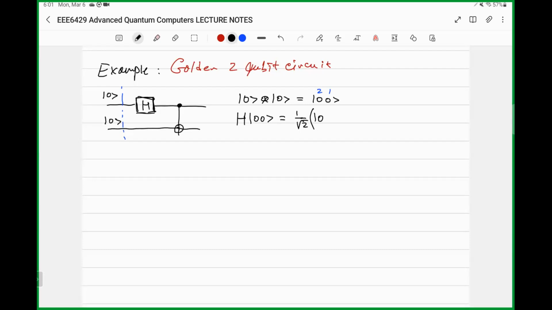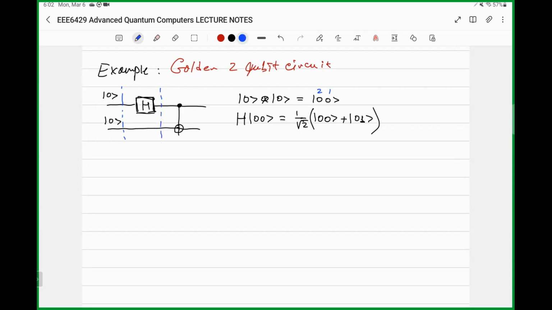But the first qubit becomes superimposed, a superposition of 2. So it will be state 0 plus state 1. This is the result at this point.